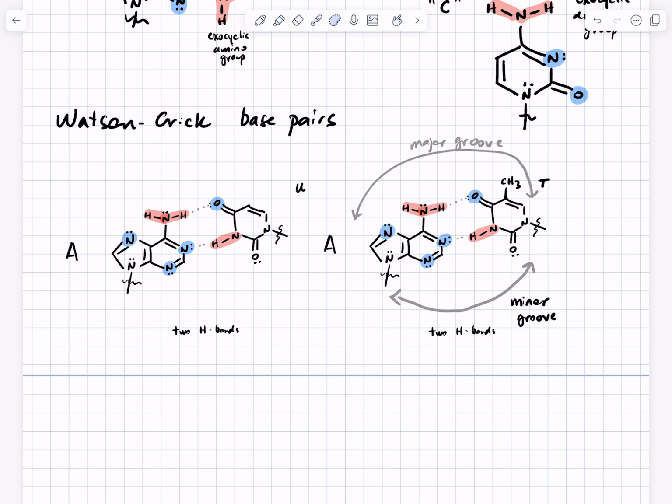One of the things you guys noticed last week was that adenine doesn't hydrogen bond with all of the possible groups on thymine or uracil. You've got this unsatisfied carbonyl oxygen that's hanging out there, and that is true. The other thing to notice is that the major and the minor groove present different groups.